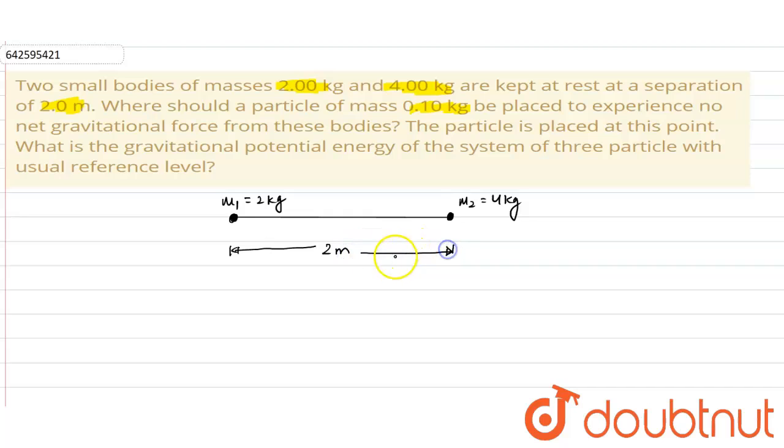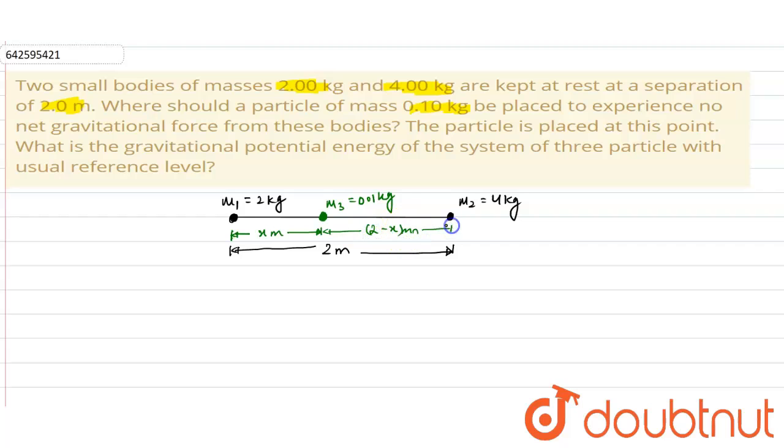Now we have been asked where should we place the mass M3 of 0.1 kg such that it will not experience any gravitational force from these bodies. Let us suppose that the mass M3 of 0.1 kg is placed at a distance of x meters from the mass M1. So the remaining length will be 2 minus x meters.